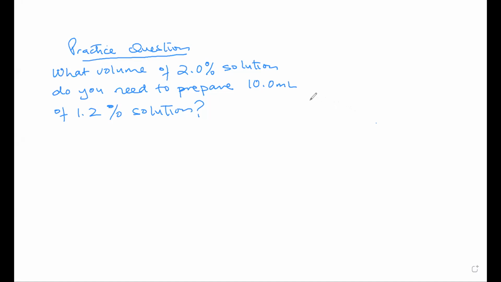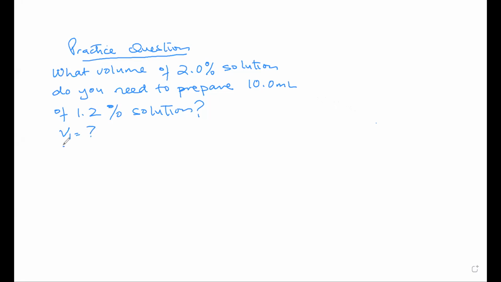What volume of 2.0% solution do you need to prepare 10.0 ml of 1.2% solution? The first question you may ask yourself: how do you know if this is a dilution problem? So you write down what you know. What volume of 2.0%? That initial volume you do not know.